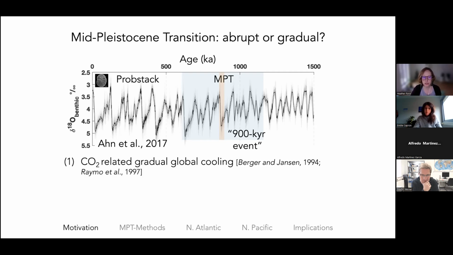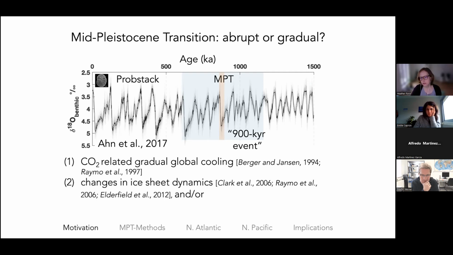So some that have been proposed are CO2 related, so gradual global cooling. Other things that have been proposed that might be more abrupt would be changes in ice sheet dynamics. So going from slippery to more sticky ice sheets in the Northern Hemisphere, or going from terrestrial-based ice margins to marine-based ice margins in Antarctica.